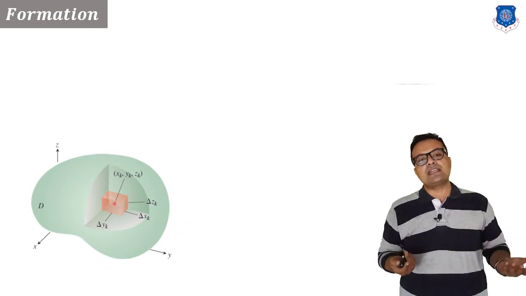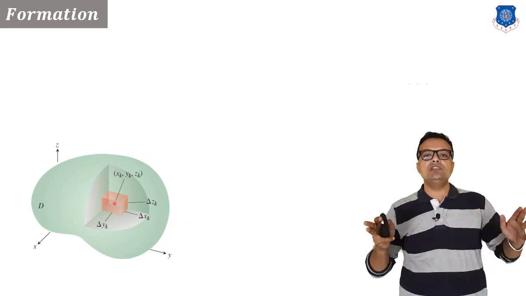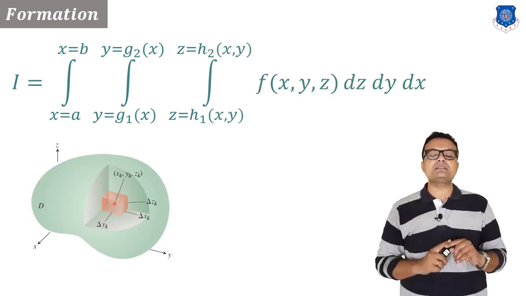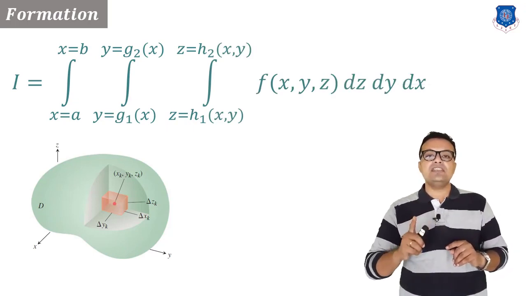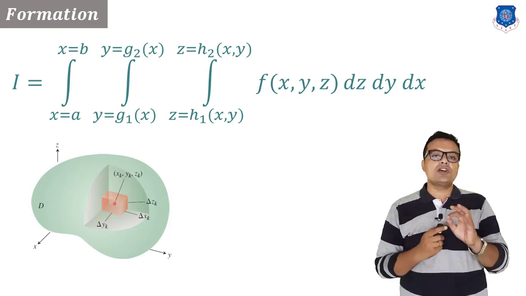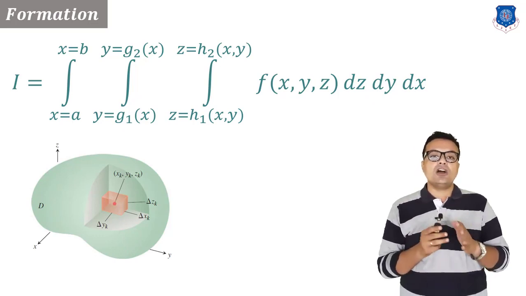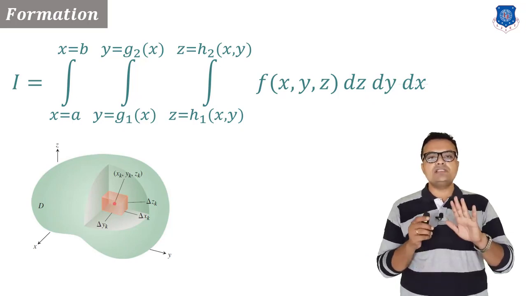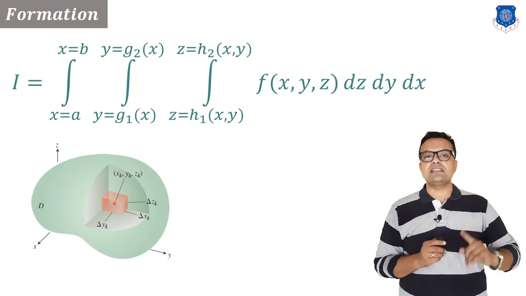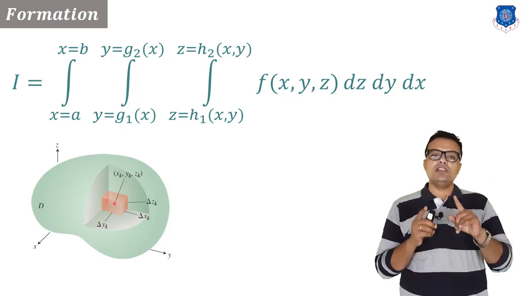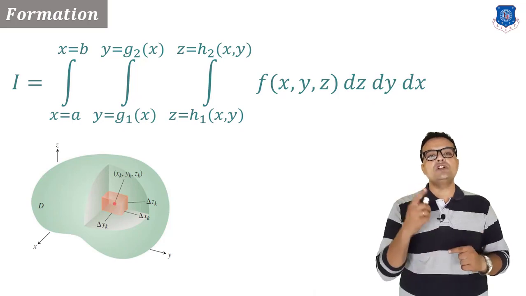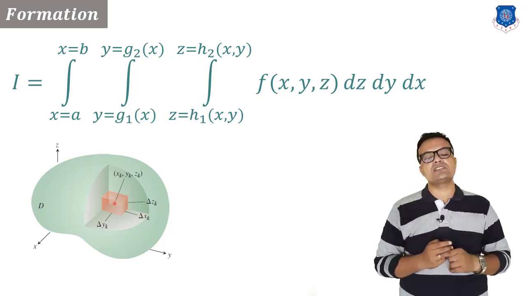Now let us come to the second part, how to distribute the values of dx, dy and dz. Suppose I consider for simplicity dz, dy, dx as my order of integration. Then how will the limits of integration be? I am following the same rule as we considered in case of double integration. So here you can see clearly that the integration of z is from h1 to h2 and the inputs of these functions h1 and h2 are x, y.